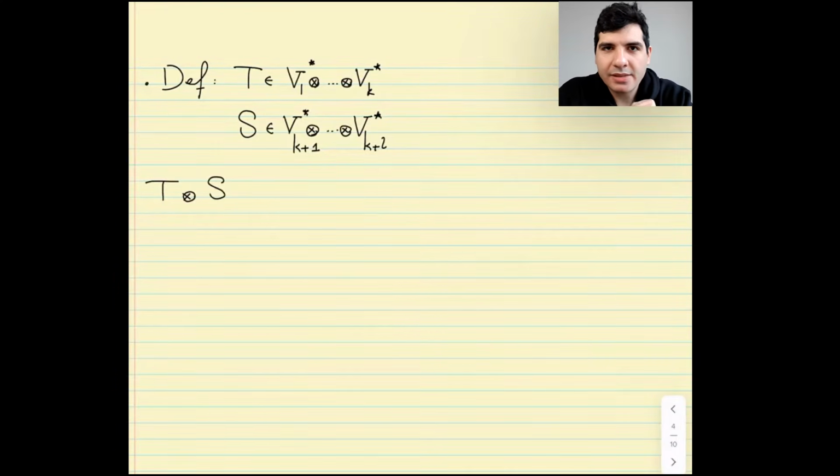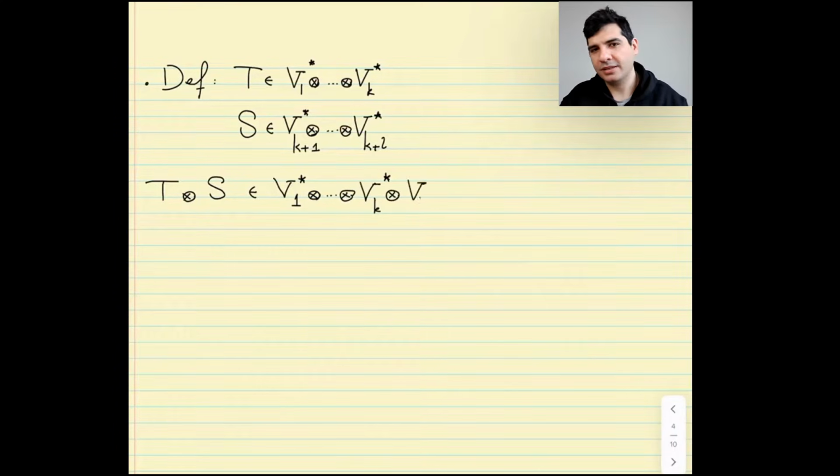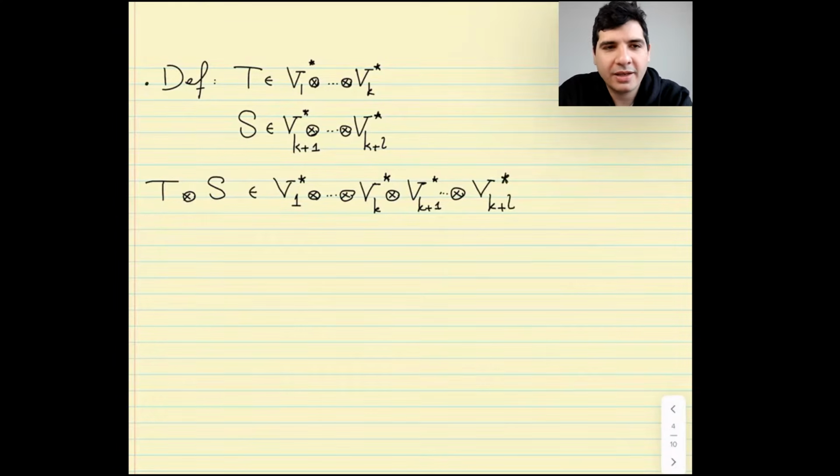We want to define the tensor product of these two multilinear maps in a way that it would be a multilinear map defined on V1 star tensor up to Vk star tensor V(k+1) star up to V(k+L) star, right? That's what we want to do. We want to define the tensor product in a way that this would hold.